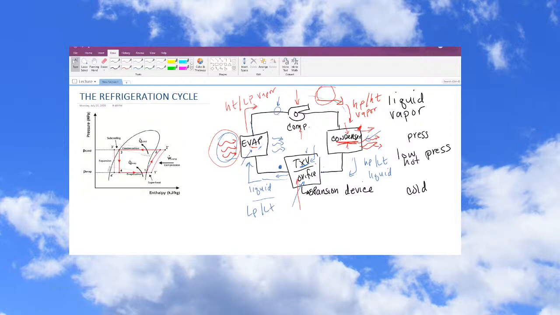Okay, so what's this diagram on the left? Well, this diagram on the left is pressure and enthalpy. So each of the cycles of the refrigeration cycle fall onto this graph, and they give you an idea of what is going on. W here stands for work. Q is heat. So what we're doing here is we're adding work to the system, which is what causes the pressure to rise.